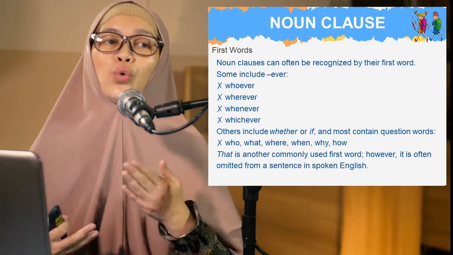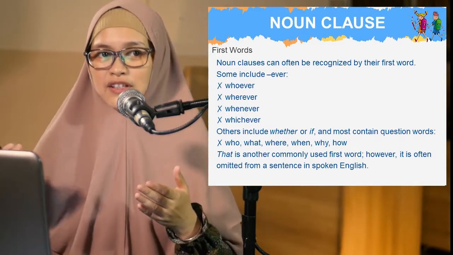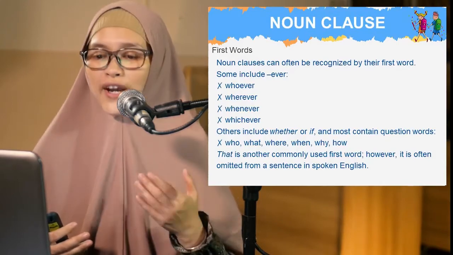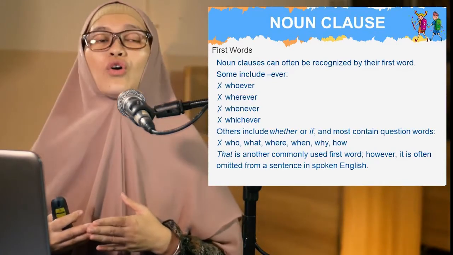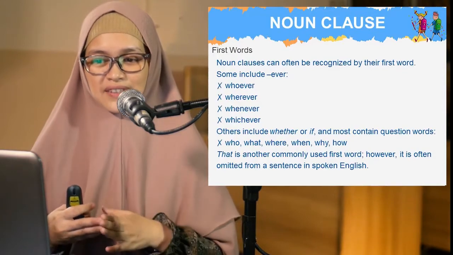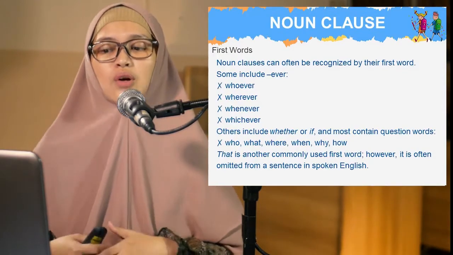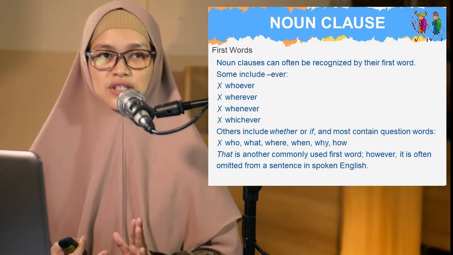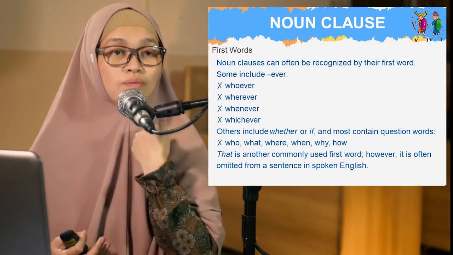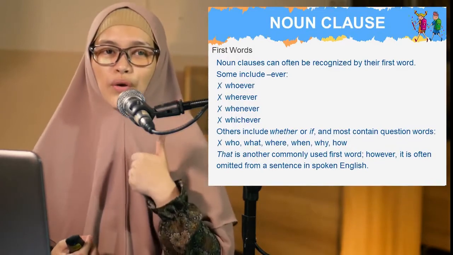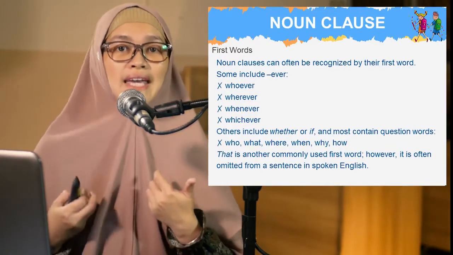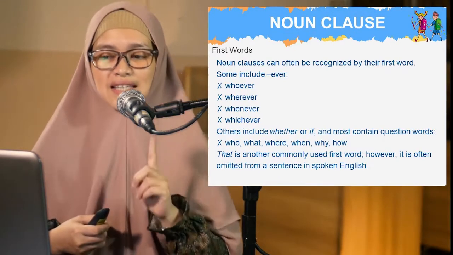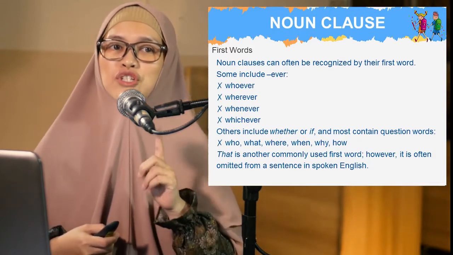For example, "who" added with "ever" becomes "whoever", or "wherever", "whenever", or "whichever". Others include "whether" or "if", and most contain question words such as who, what, where, when, why, and how.